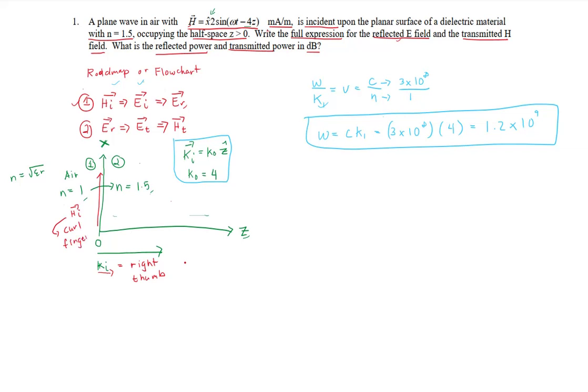Then E is our uncurled fingers. If we have our thumb going along the z-axis and the curl of our fingers resting at x, when we uncurl our fingers, it's going to be pointing into the page, right? So E, fingers, into the page.